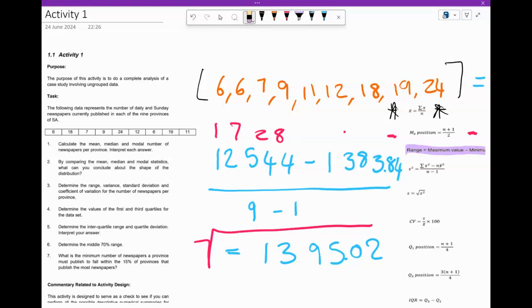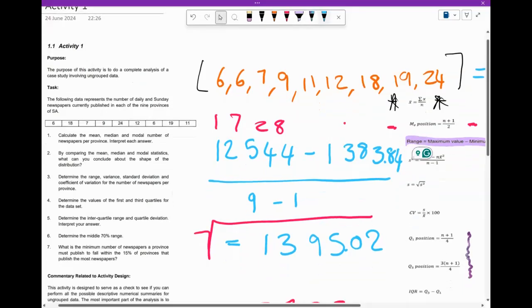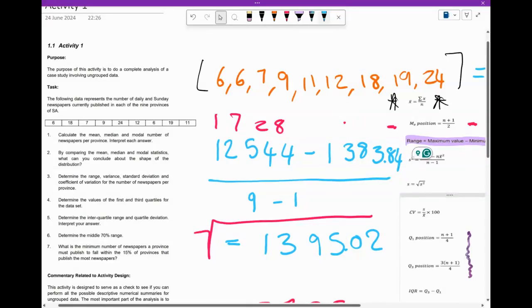I need this as a reference, so it's fine. We'll just operate at the top here. So here you can see on the side at the bottom, the formulas for your first and your third quantile. So it's simply n plus 1 divided by 4 to get your first.